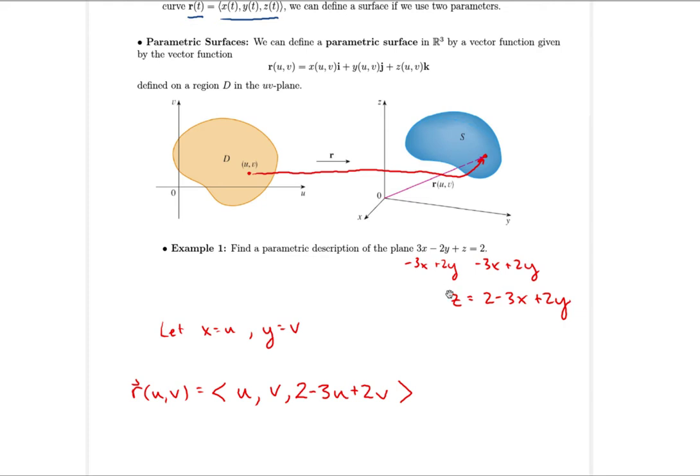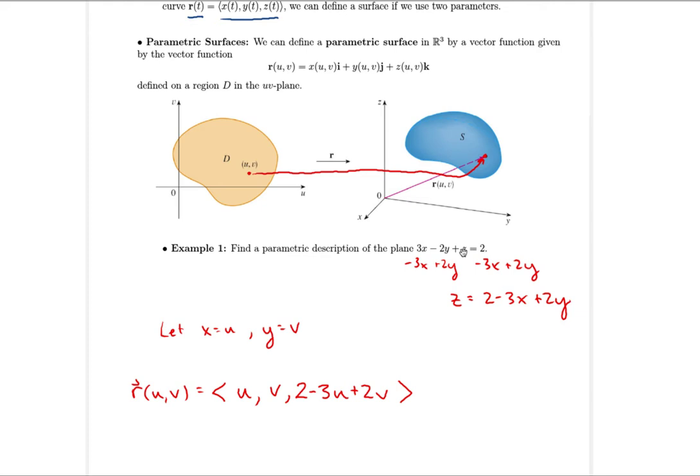So if, when looking at a formula, you feel like you could get one of the variables by itself, then it's fair just to let the other two variables be u and v, and then solve for, in this case, the z.